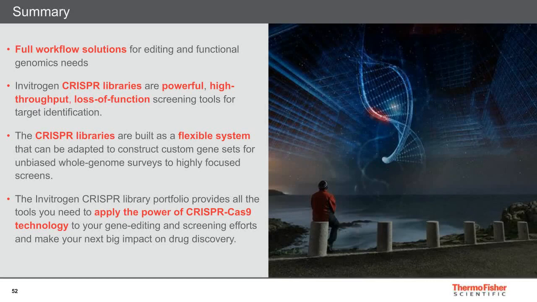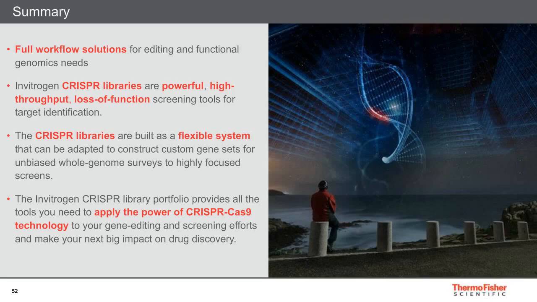So in summary, at Thermo Fisher Scientific, we offer full workflow solutions for editing and functional genomic needs. The CRISPR libraries, as I talked about, are powerful, high-throughput loss-of-function screening tools for target identification.